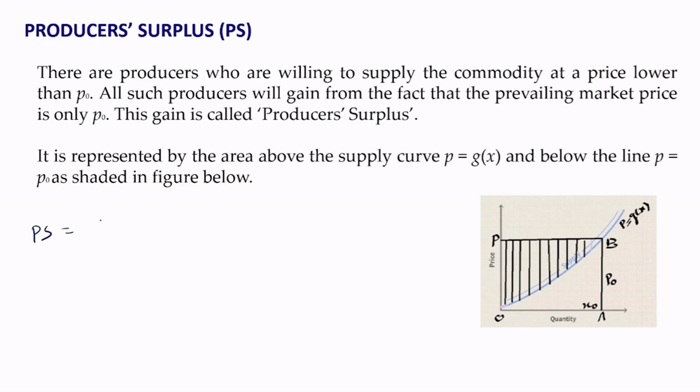Producer surplus is the area bounded by this rectangle, given by P naught x naught minus the integral from 0 to x naught of the supply curve. It is this whole rectangle minus the area of this part. So this is the producer surplus.